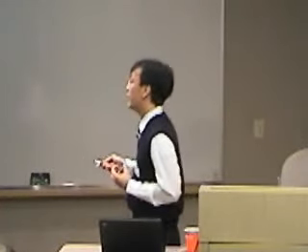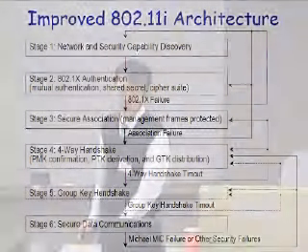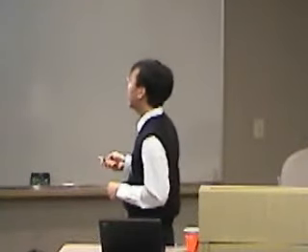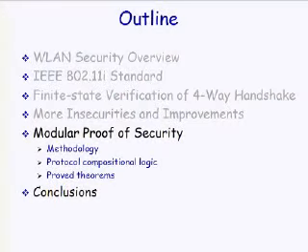And we also found inefficiency in the failure recovery. So in order to address all of these vulnerabilities, we propose an improved version of 802.11i. We use a different failure recovery, and we do authentication, then do secure association.